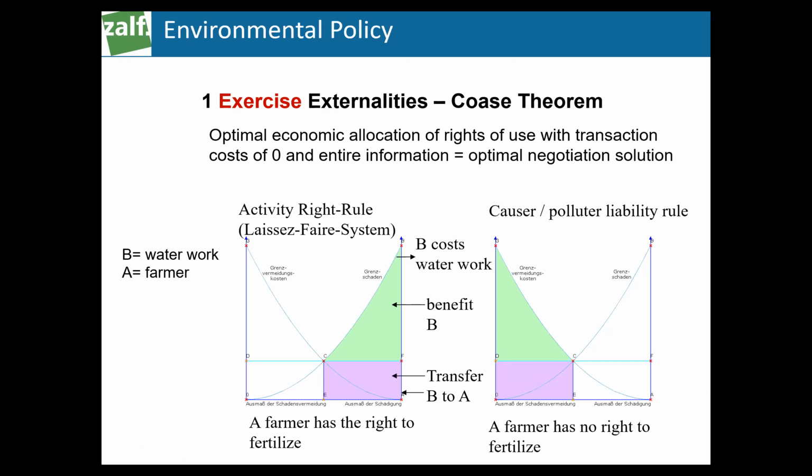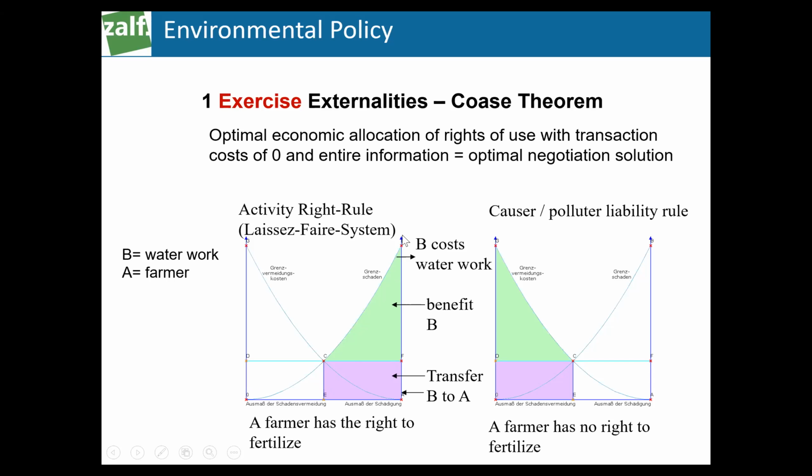We would be able to be below 1.5 degrees in climate warming, and this would be maybe this ideal point here. It is not to pollute too much, and also the cost, maybe if we would be able to filter it, the cost for those would be here. And this would be then the constellation that we have the activity right rule.